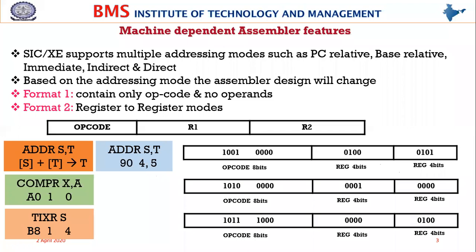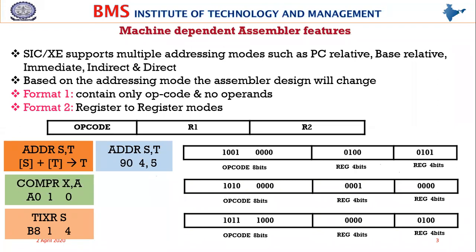B8 is represented as B, which is 1011, and 8, which is represented as 1 followed by 3 zeros. The accumulator is the one being compared with the S register. So the first register is the accumulator, which is zeros, followed by register S, which is 4, represented as 0100.